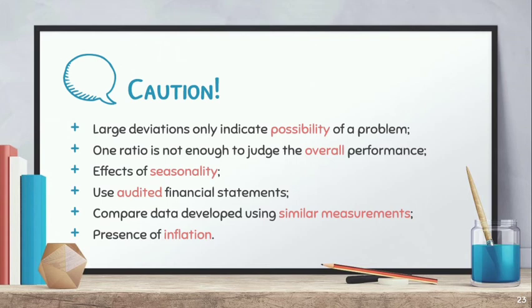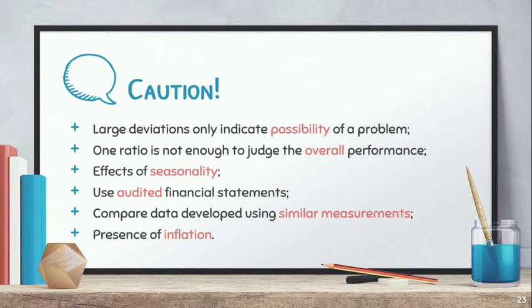Kay, dili man na siya, one ratio is not enough to judge the overall performance. So, dili man enough nga sa one ratio ra ta mag-base, then mag-conclude na dayon nga naay problema. So, dapat, we will need further analysis to determine whether naay problema or kung isolated case ra siya.